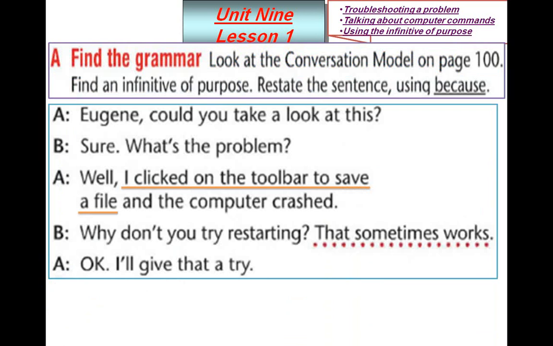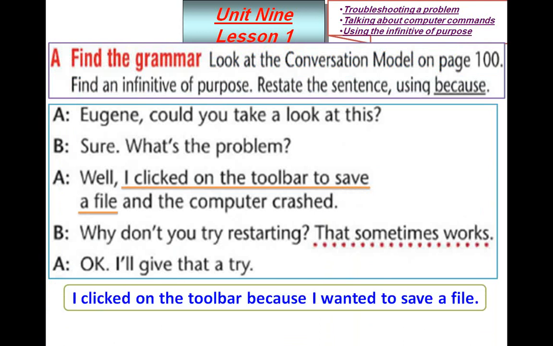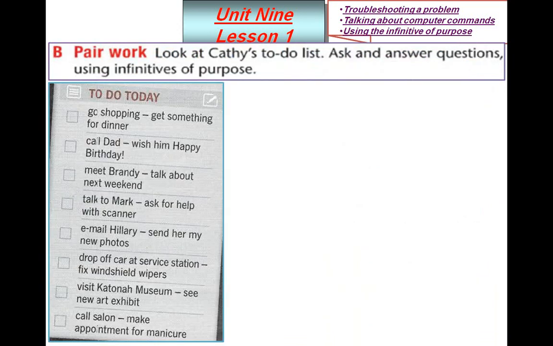In your notebook, try to restate the sentence using because. So instead of using to save, use because. So what do you think the answer will be, or this sentence will be? Great. I clicked on the toolbar because I wanted to save a file. Well done.